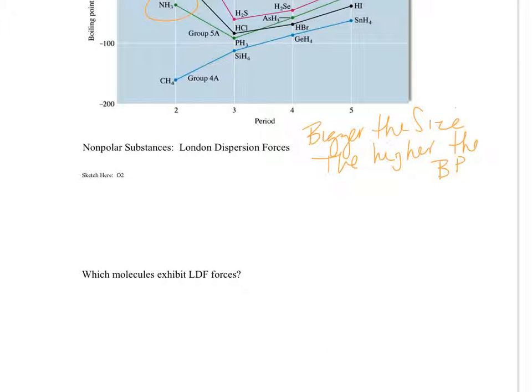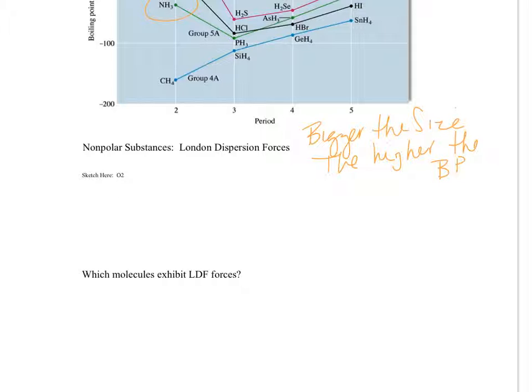So let's talk about London dispersion forces. We know that London dispersion forces occur in nonpolar molecules. And these are forces that exist among nonpolar molecules. But it's due to the creating of an instantaneous dipole, which induces another dipole temporarily in a neighboring molecule.